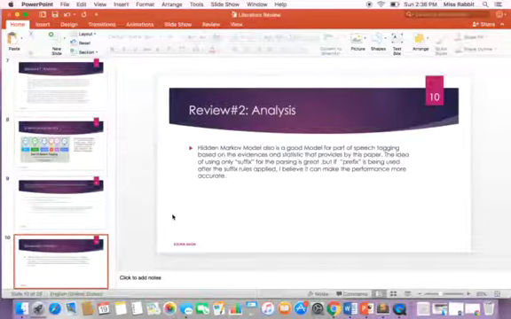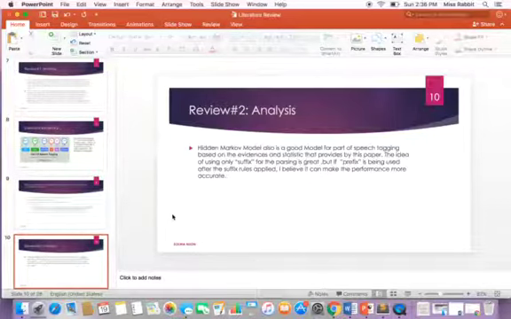My perspective about this Scholar paper is that using a hidden Markov model again is a good model for part of speech tagging, because based on the evidence and statistics provided by this paper, the accuracy is up to 93%.